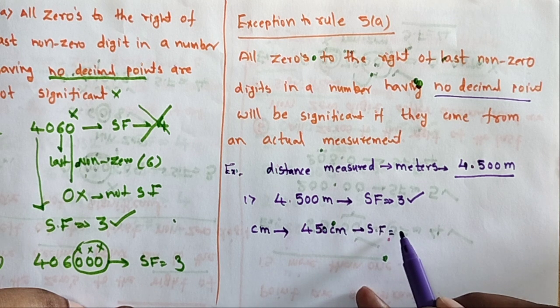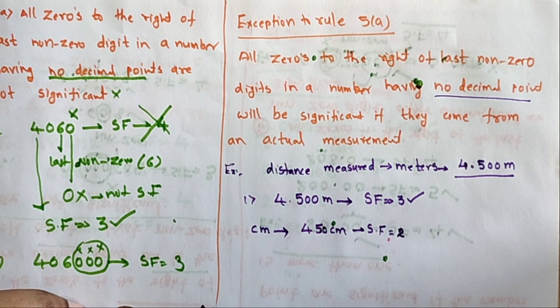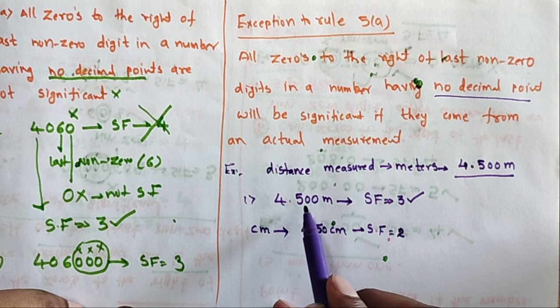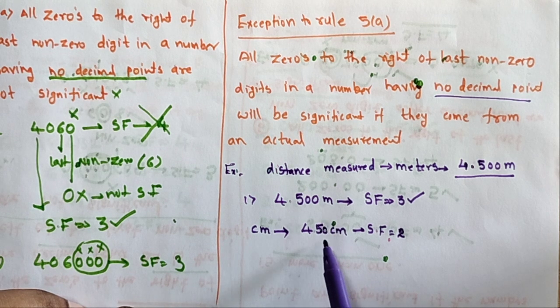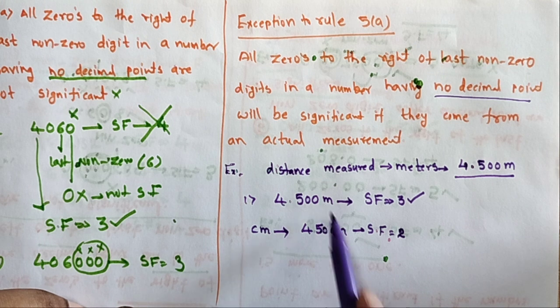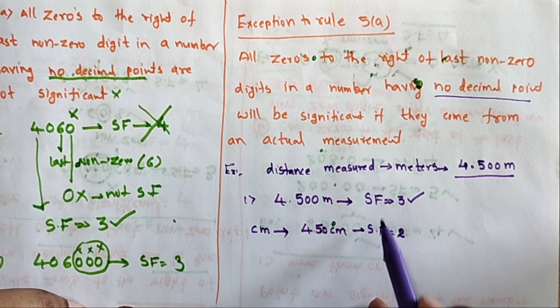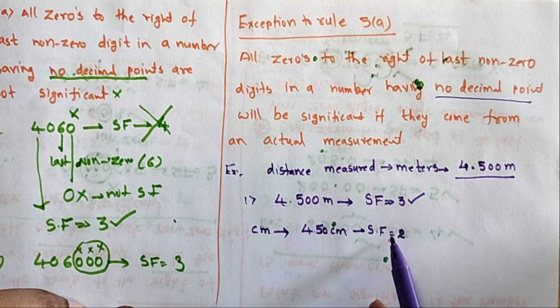We know that very well. So you observe, 4.500 meter is equal to 450 centimeter. Both are correct. Meter is converted to centimeter, but what is the significant? The significant will be wrong.